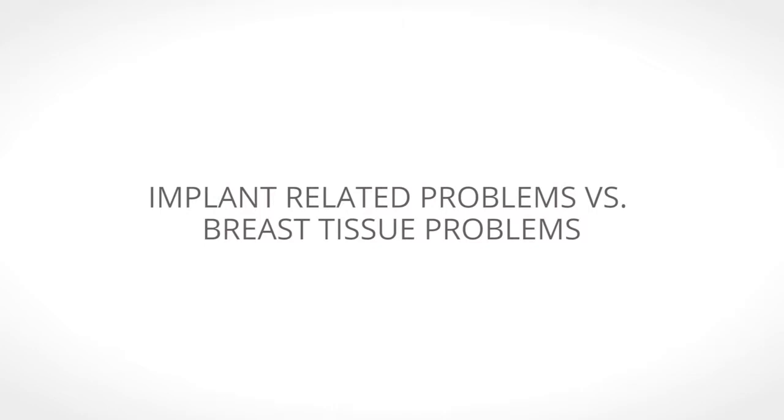Sometimes the implant might be out of place, and that's the sole problem. But sometimes the implant might be out of place, but the breast tissue has a certain characteristic that even if the implant were in the right place, it still would not be an aesthetically appealing breast. I have to be able to discriminate between the implant and its condition and the breast tissue and its condition, and come up with a plan that incorporates the entire breast, and then match that with the other breast, which might have completely different conditions.